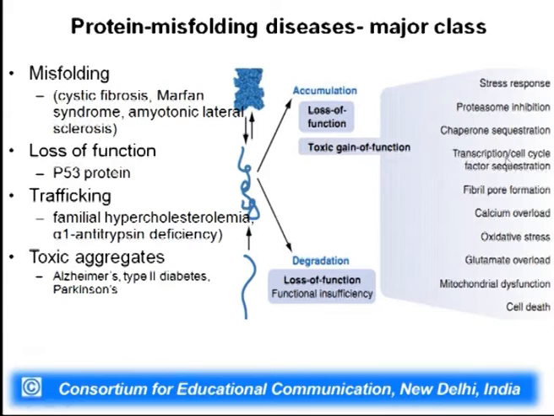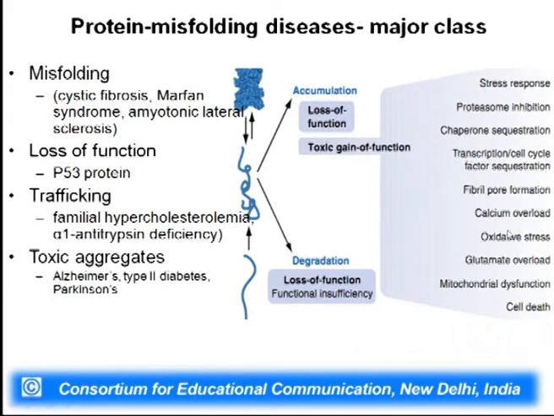And this can result due to stress responses, overwhelming of the chaperone system, where the proteasome is not working optimally to take care of all the misfolded and aggregated proteins, or there is a sequestration of the important transcription factors. There is an aggregate which is causing a pore formation within the cell wall.